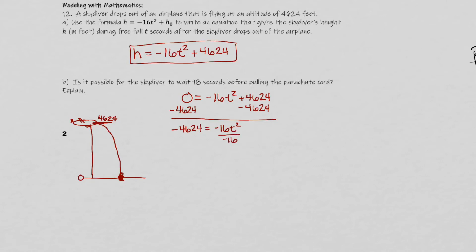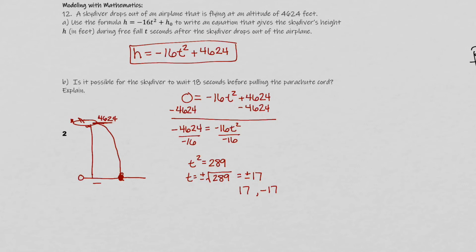Divide both sides by negative 16. All right, so we're going to get, I'm just switching my sides here, that t squared equals 289. Square root both sides. So t will equal the positive and negative square root of 289, which is positive and negative 17. So I have a positive 17 and a negative 17.